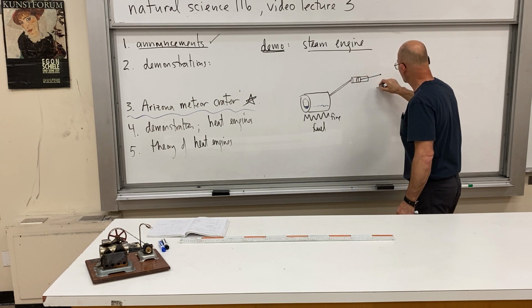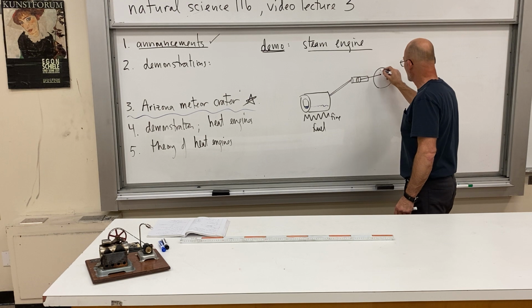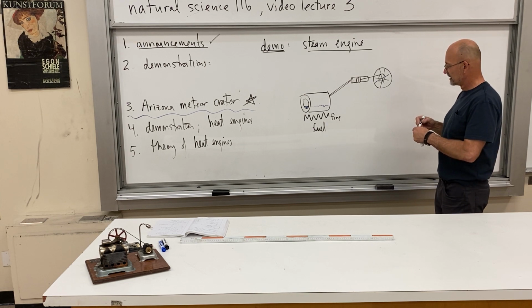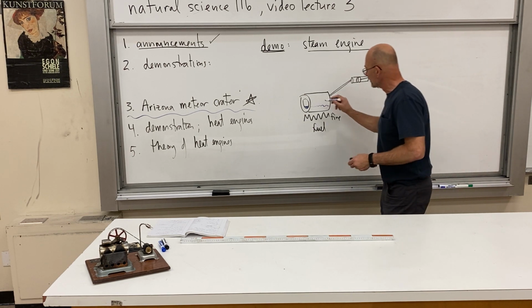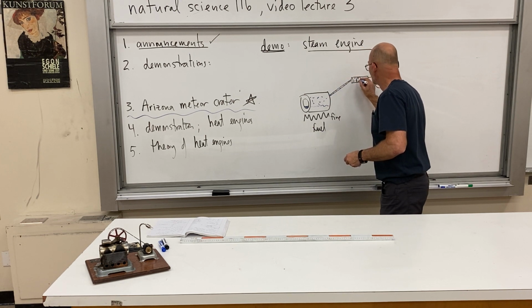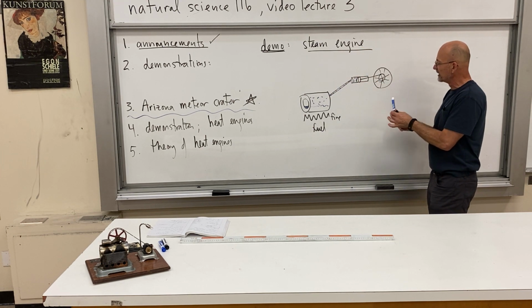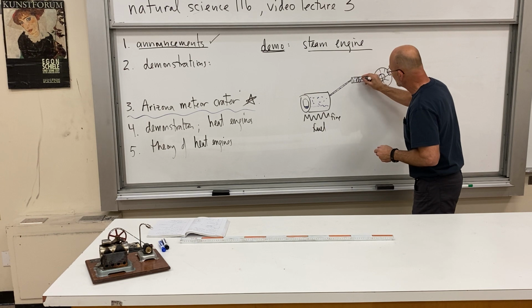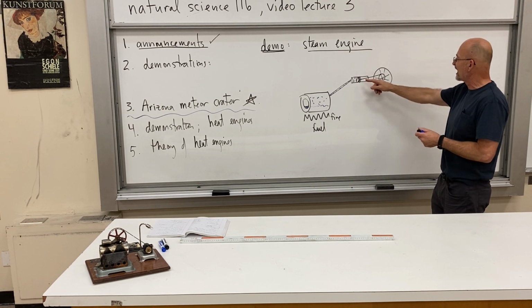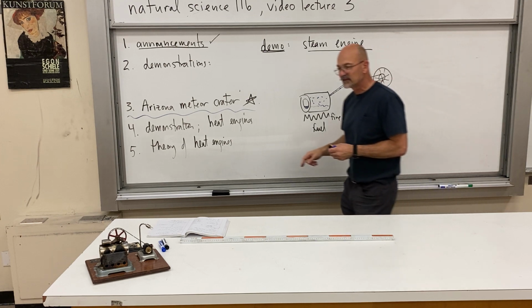The piston's connected to a flywheel, and there will be gas in here that is actually pushing on this piston, and it's going to push it forward. Now the question is, how does the piston come back again? I'll answer that in a second.